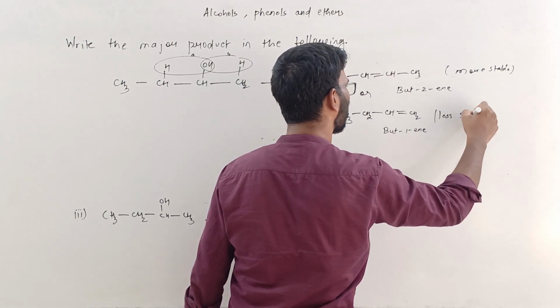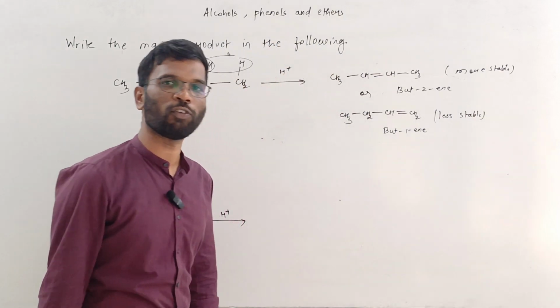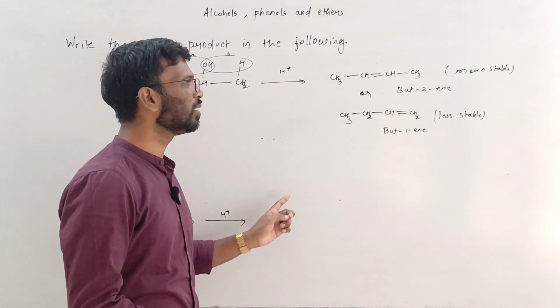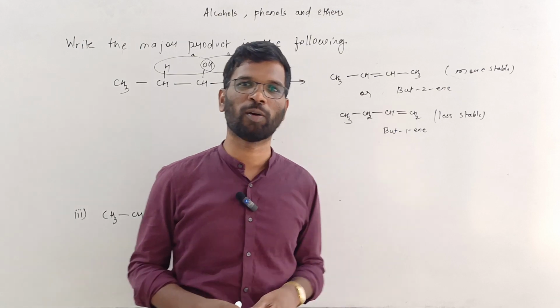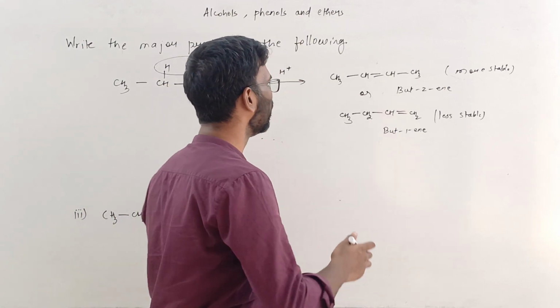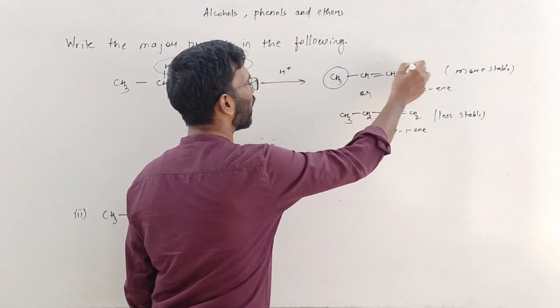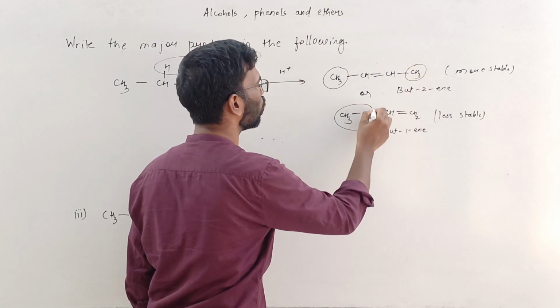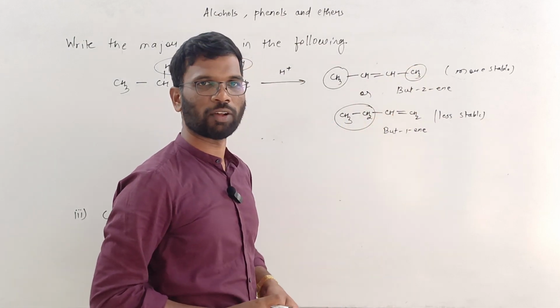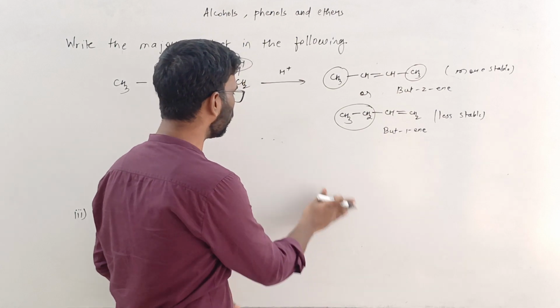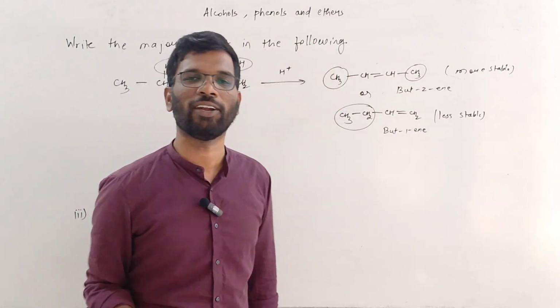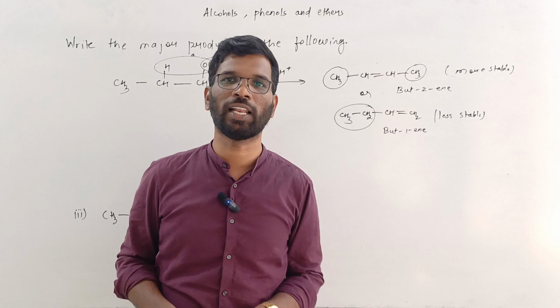Less stable. According to Saytzeff rule, the more the number of alkyl groups on either side of the double bond, the more the stability of the alkene, right? So here there are two alkyl groups on either side of the double bond. Here there is just one alkyl group on one side of the double bond, right? So more is the number. You can always remember whenever you do any kind of elimination reaction, which alkene will form.